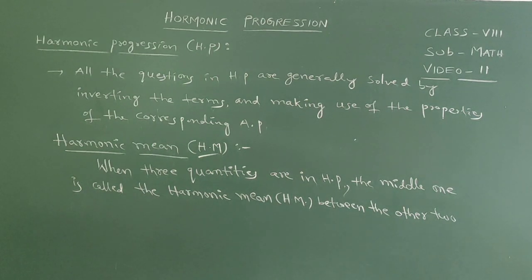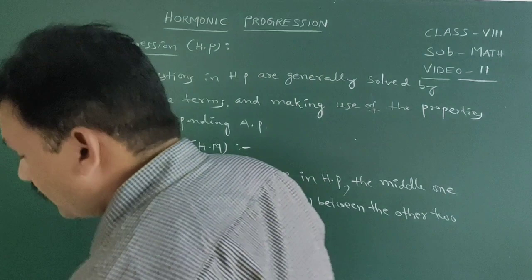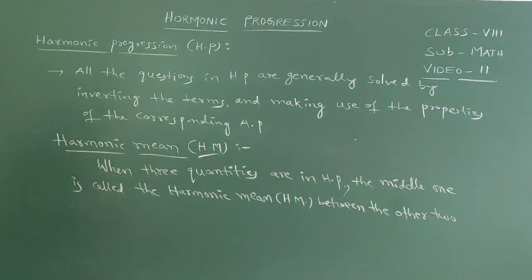It means in harmonic progression, if any problem is given, first of all we need to invert the terms by converting into AP. Then we can solve the given problems. Okay, that is the point. All the questions in HP are generally solved by inverting the terms and making use of the properties of the corresponding AP.